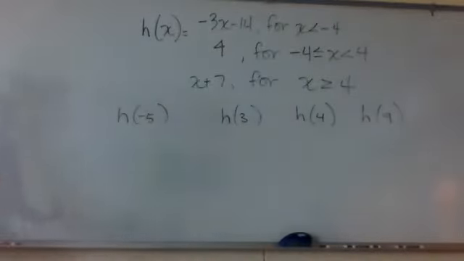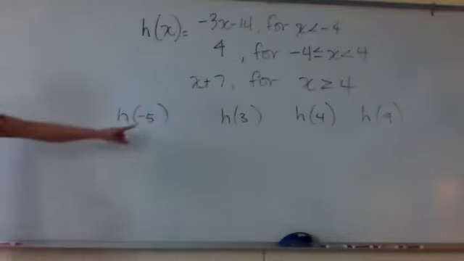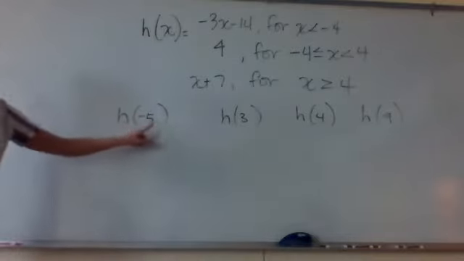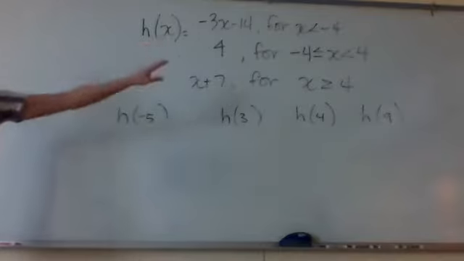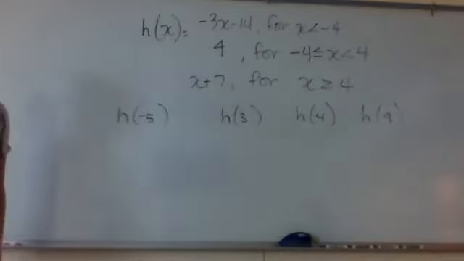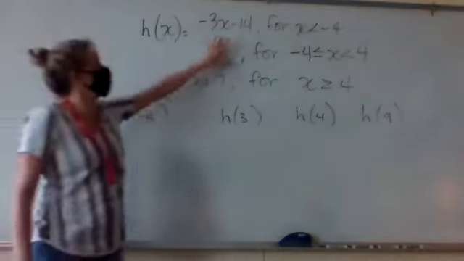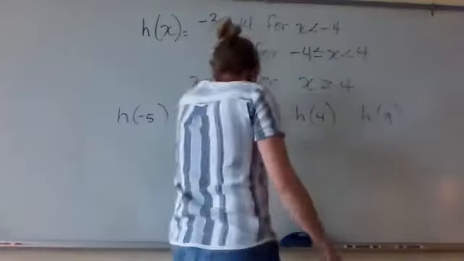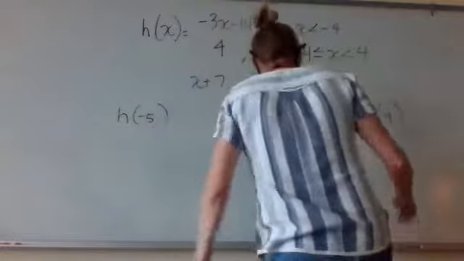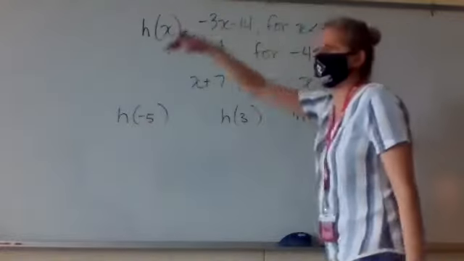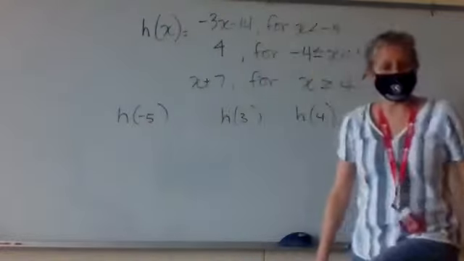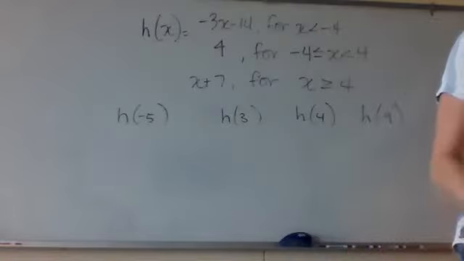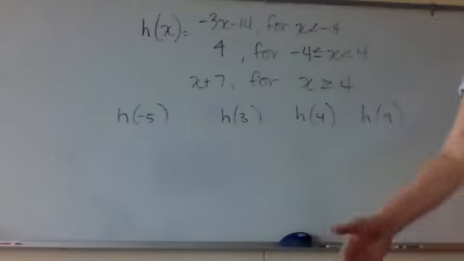So on all 4 of these, what you're going to do is go find where this number, what category it is in, which piece. So I'm not looking here yet. I'm looking here. So where is negative 5 going to fit? Is negative 5 less than or lower than negative 4? Think about the degrees, the temperature. Is negative 5 below? Yes.